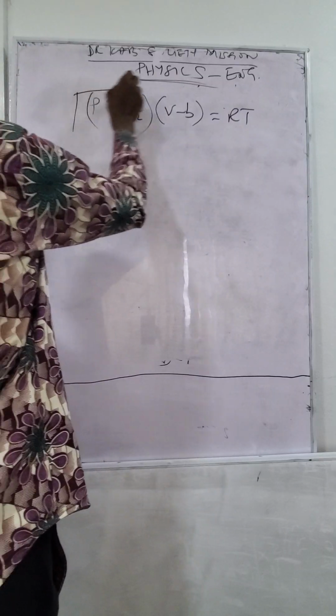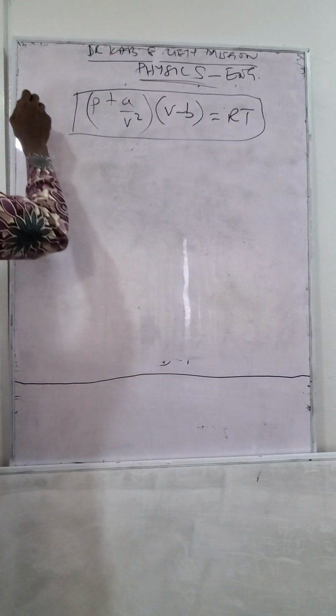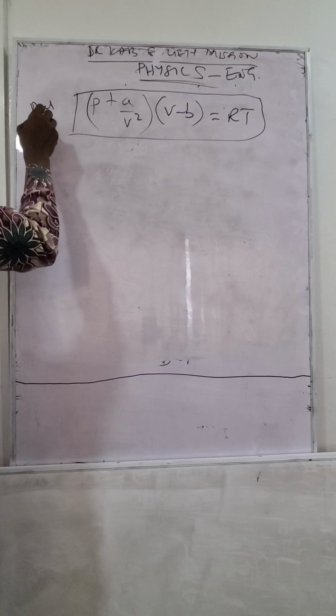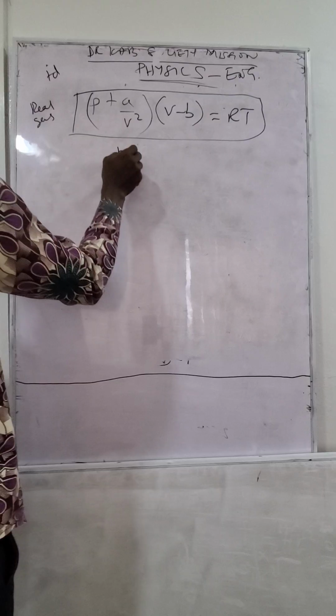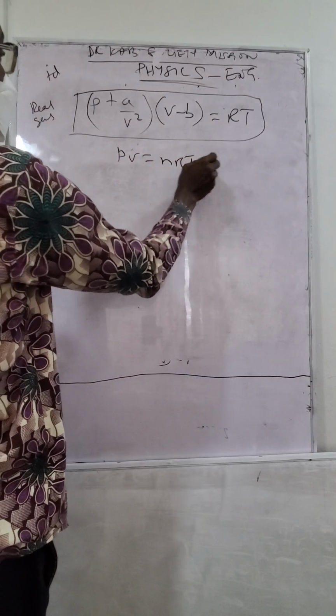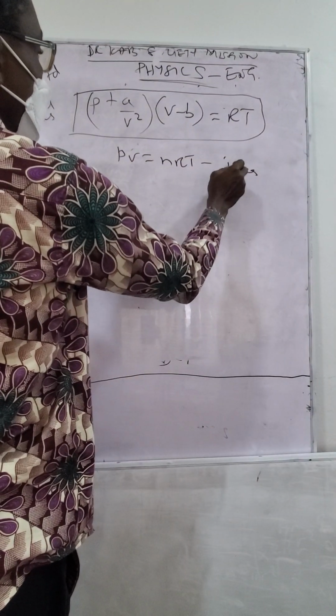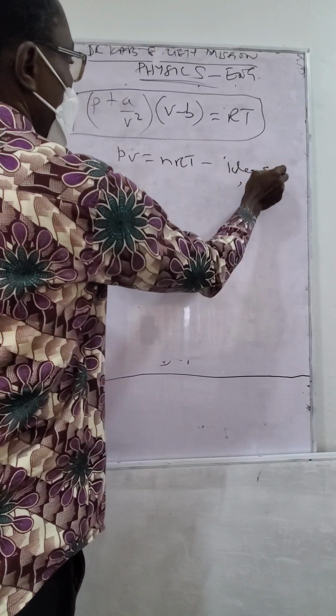This is the real gas equation. We have the ideal gas equation there, PV is equal to nRT. This is the ideal gas equation.